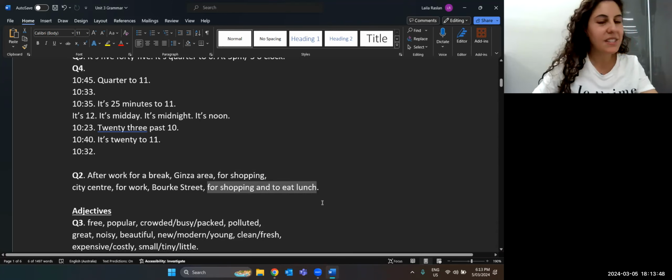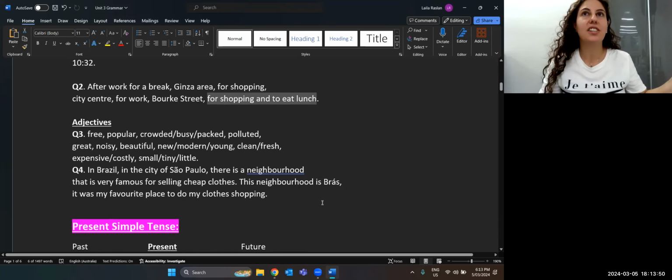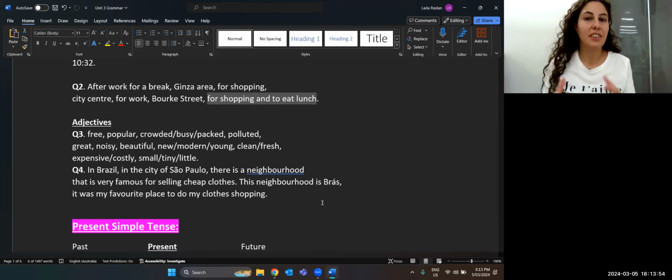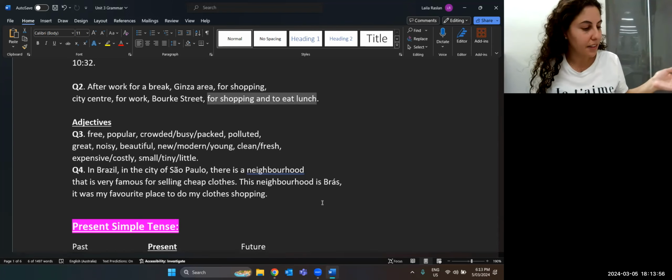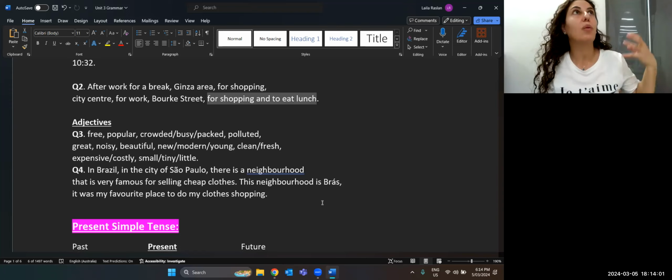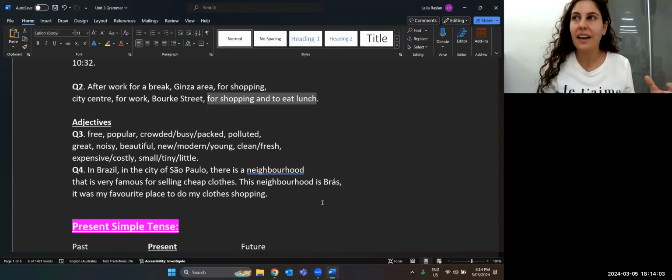Okay, so we have some adjectives. We use adjectives when we want to describe something. So we know that when we have an object, we looked at that a couple of lessons ago, we can talk about what it looks like, what it feels like, what it tastes like, anything. So an adjective gives us information about the object.